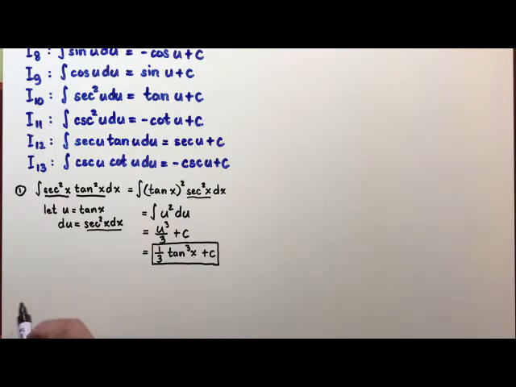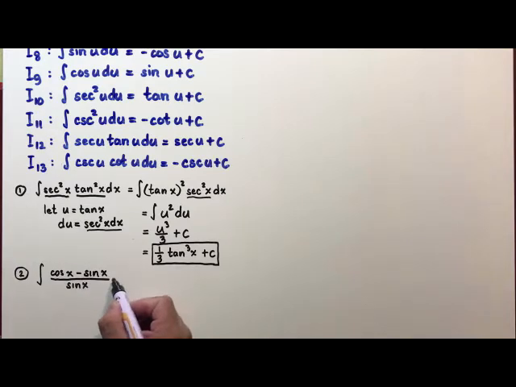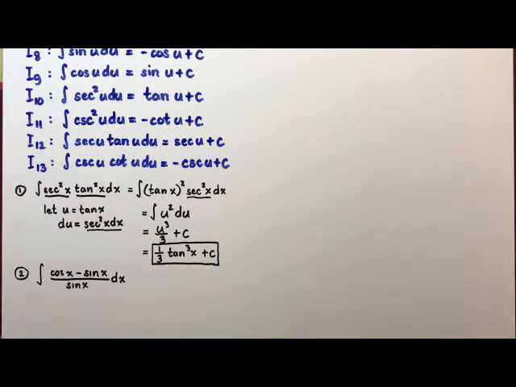Now let's proceed to example number 2 here. What is the integral of cosine x minus sine x all over sine x dx? Now looking at this integrand, this is a little bit complicated because I cannot readily apply the formulas that we have here, because in the first place this is a rational function.